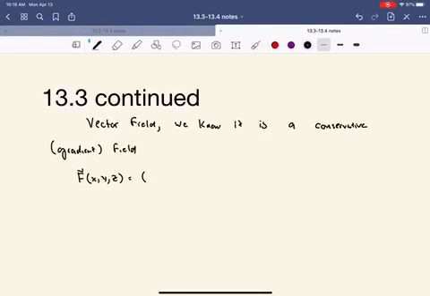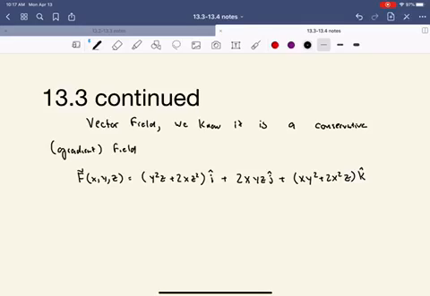I'm going to write it down carefully, because I sometimes write this one down wrong. y squared z plus 2xz squared, that's the i coordinate, plus 2xyz, that's the j coordinate, plus xy squared plus 2x squared z, that's the k coordinate.